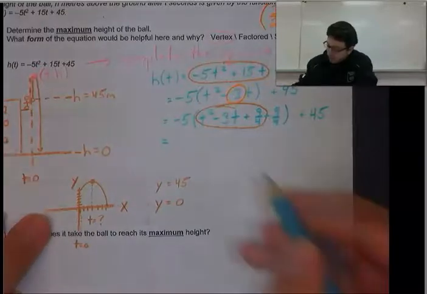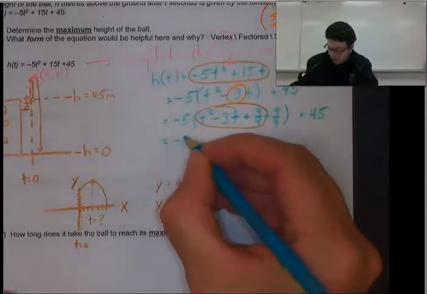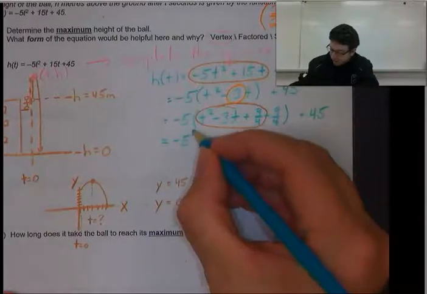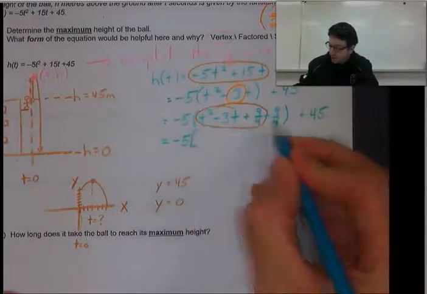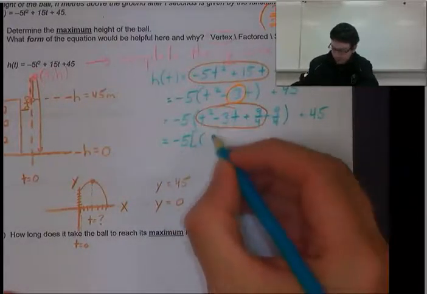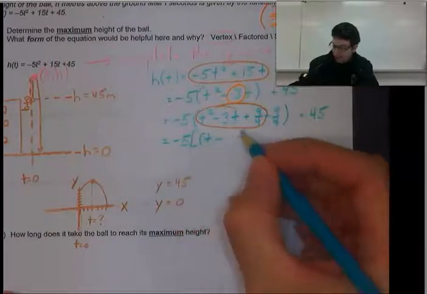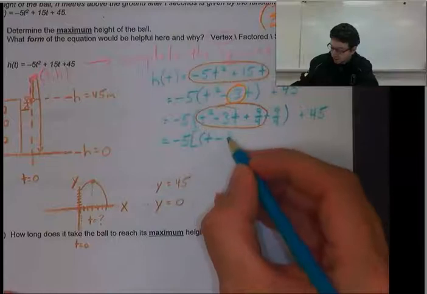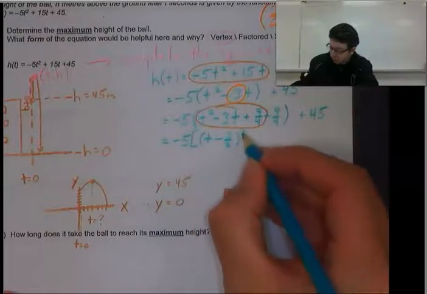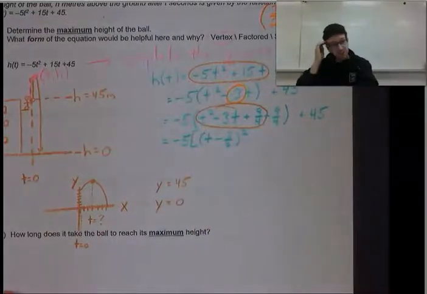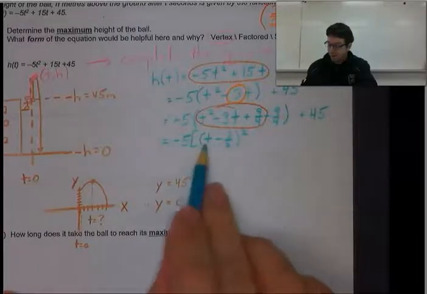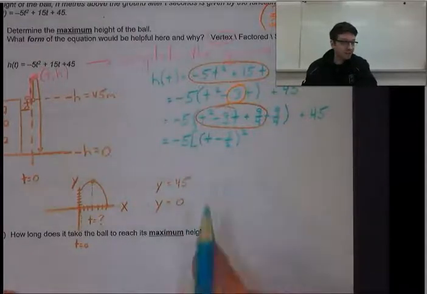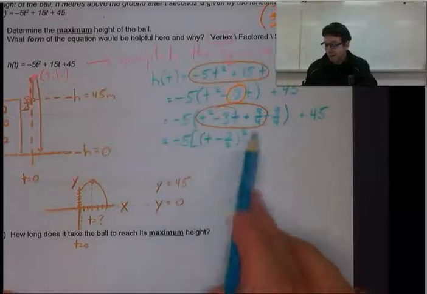Okay. What do I mean by a perfect square? Let me just do a big bracket. So this trinomial can be factored to t minus, and that same 3 over 2, but without the square, squared. And you can test it yourself. Take this, expand it, FOIL it, and see that you get this back.